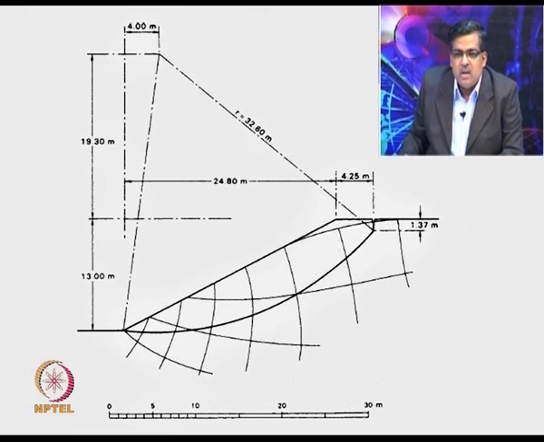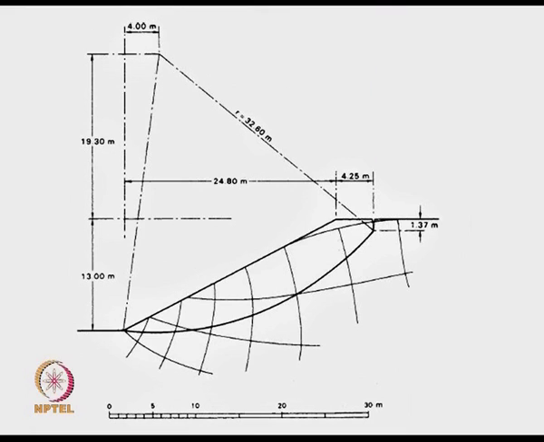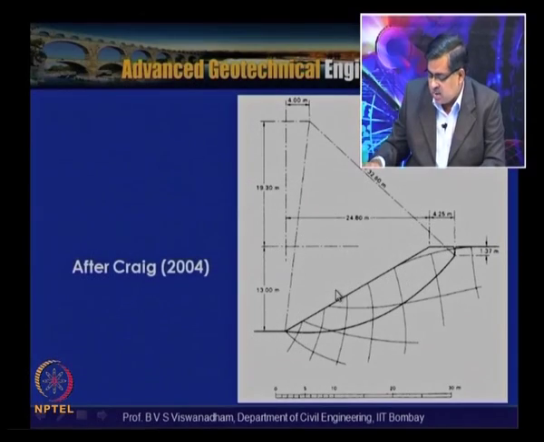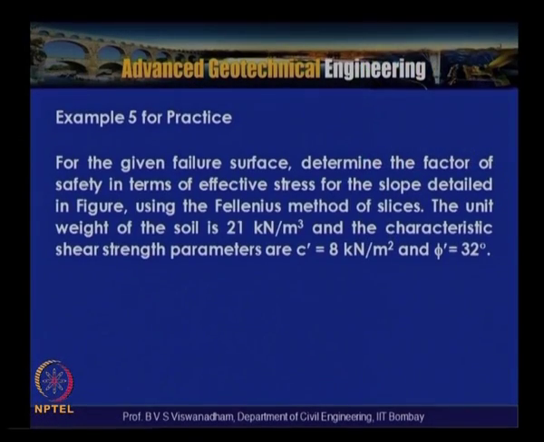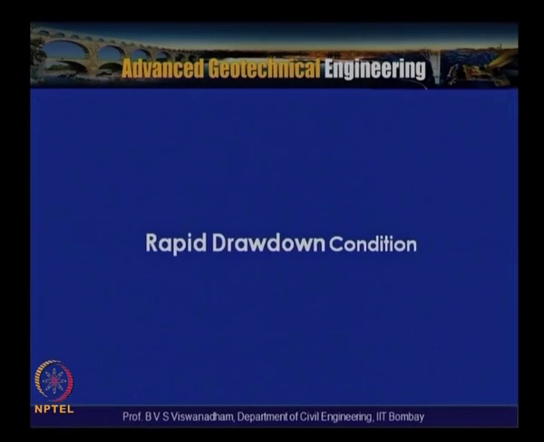These are the equipotential lines, and this is the flow line which is given here. For this condition the scale is given here, after Craig 2004, and using this failure surface, this particular example 5 needs to be solved.